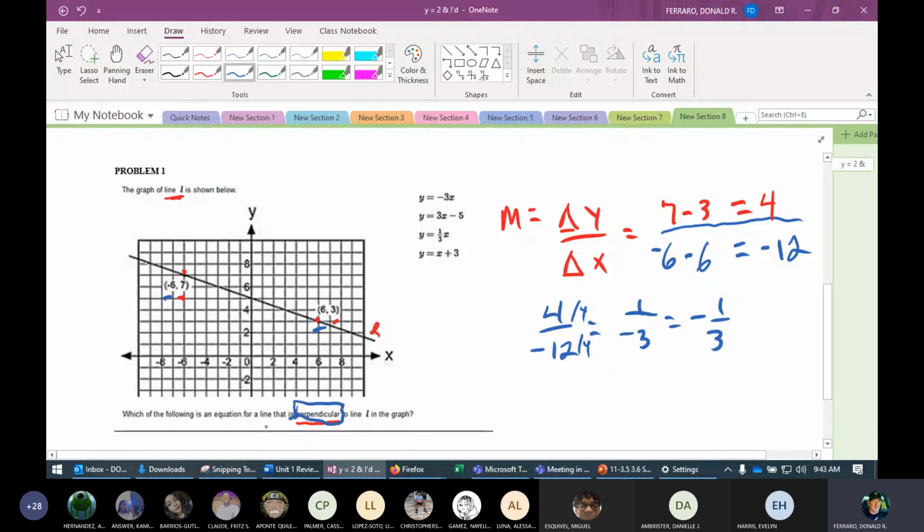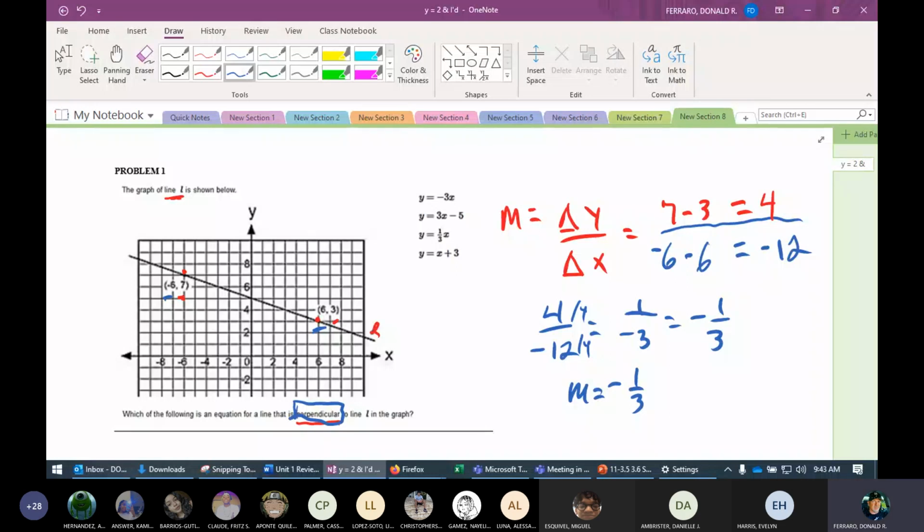But remember, they asked us for a line that is perpendicular to this line. So what is the equation of a line that is perpendicular to this? My slope of this line is -1/3, right? And we know when we're asking for perpendicular, we got to flip and change the sign. So go ahead and put that into the chat.